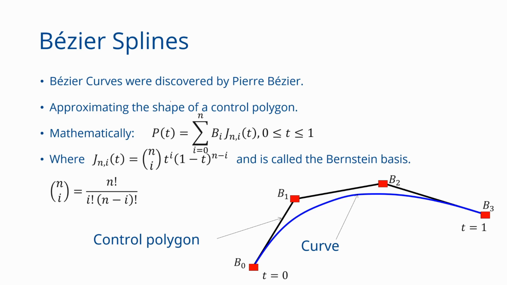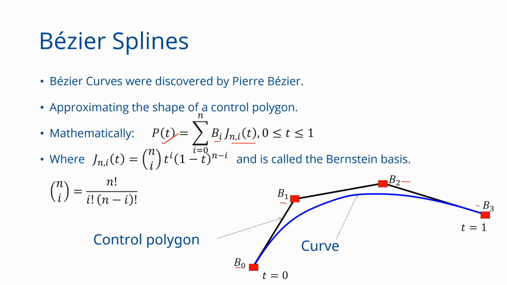A Bezier spline P(t) is defined as the sum of B_i times J_n,i(t). Here B_i's are the control points and i varies from 0 to n: B0, B1, B2, B3 for a cubic Bezier spline. These B points are points on a control polygon.